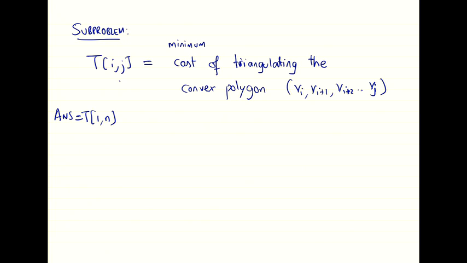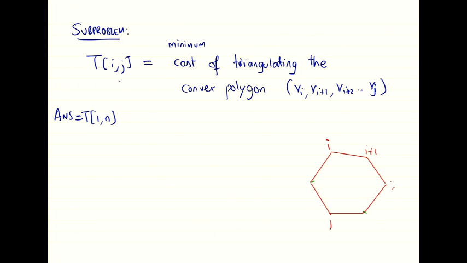Now we have the subproblem, and we can just write a recurrence right away. Let me erase this label so that it's not confusing. Here is i, and then you walk to i plus 1, up to j.